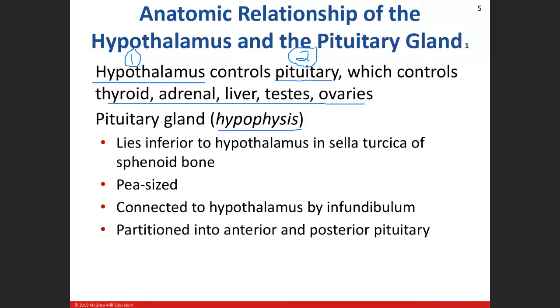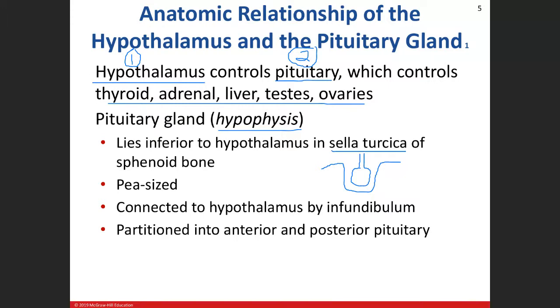But the pituitary gland is inferior to the hypothalamus. And the structure that it lived in was the Turkish saddle, otherwise known as the sella turcica. So if we looked at it from the side, it looked like this. And so the pituitary gland sat right down in there. And then there was this stalk-like structure that came off.